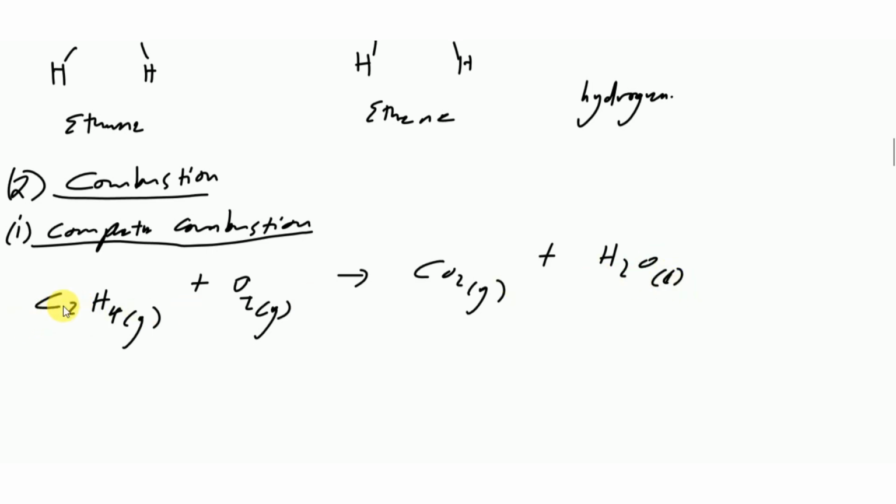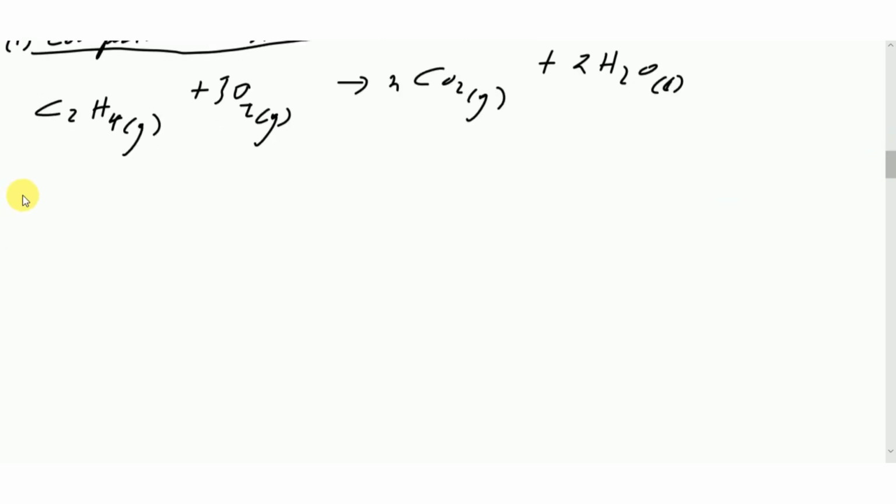So when ethene reacts with oxygen, this will produce carbon dioxide plus water. And to balance up this equation, we're going to put a 3 there, a 2 here, and a 2 there. Let us look at incomplete combustion.